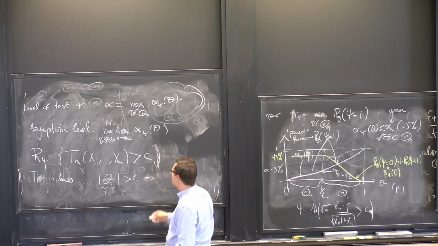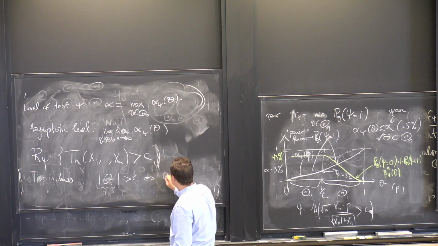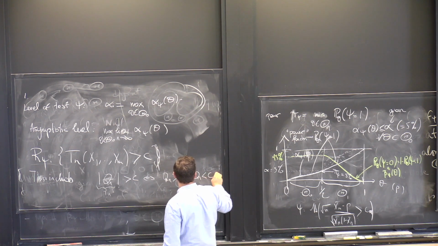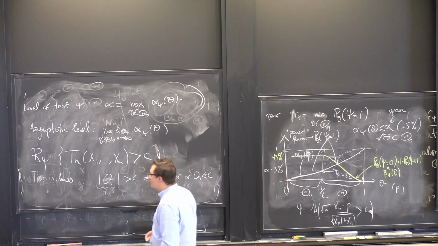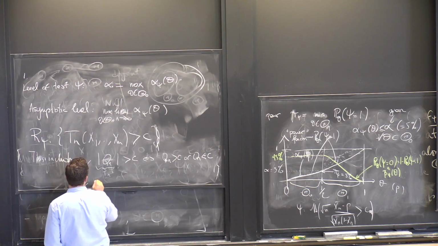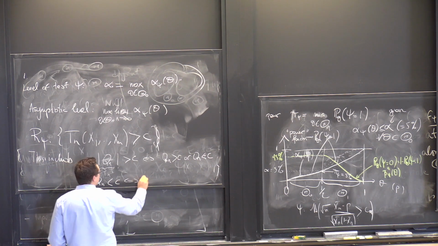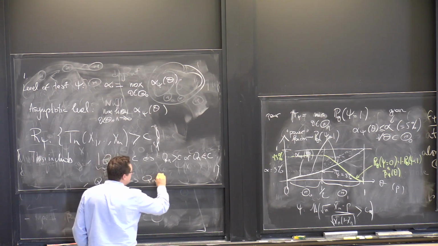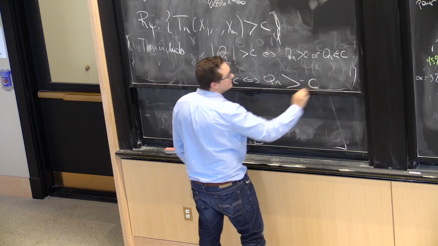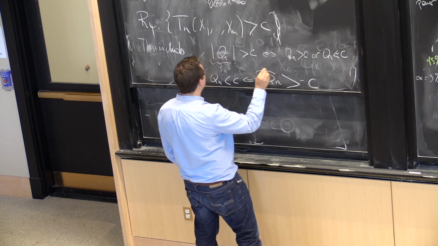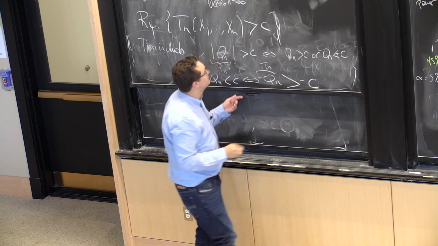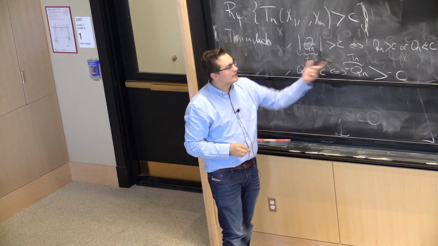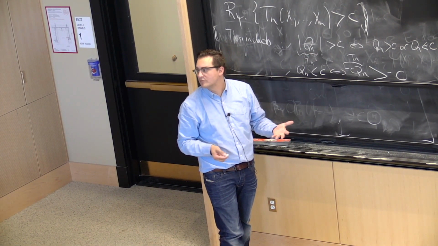But this actually encompasses the fact that Qn is larger than C, or Qn is less than minus C. So that includes this guy. That also includes Qn less than C, because this is equivalent to minus Qn is larger than minus C. And minus Qn is, and so that's going to be my Tn. Right?